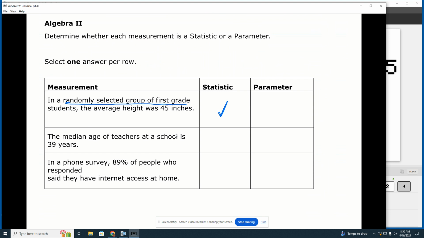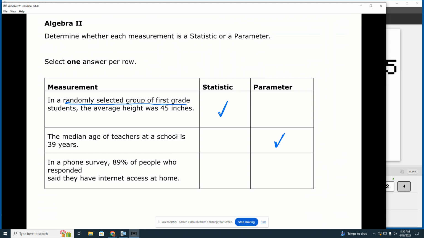The next one, the median age of teachers at a school is 39 years. If we're talking about this school and the median, the middle age, then you're going to get every age of the teachers at that school. You're getting the whole group. So this one's more of a parameter because you're able to reach your entire population here. Okay, let's look at the last one.